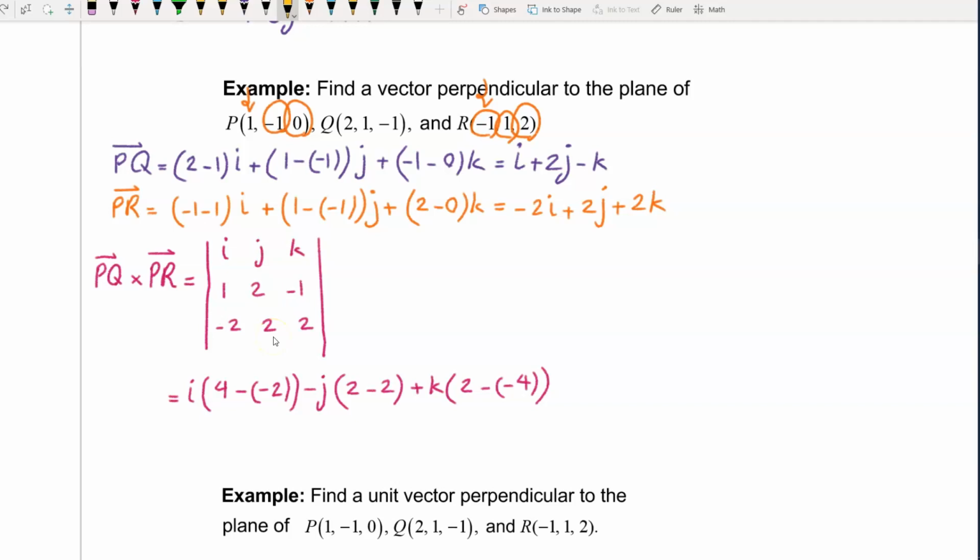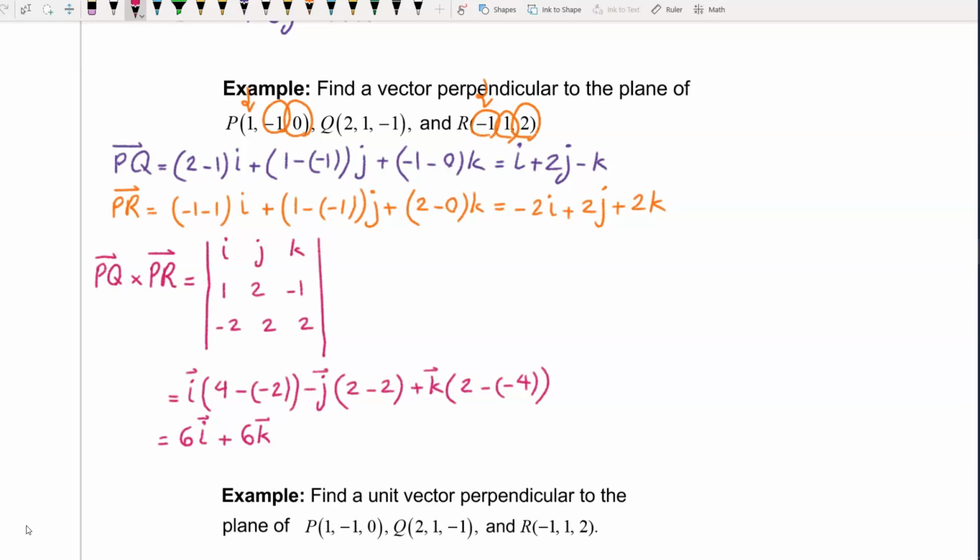And finally, plus k. Now we have k multiplied by 1 times 2 minus 2 times negative 2. So we have 2 minus negative 4. So our answer is 6i plus 6k.